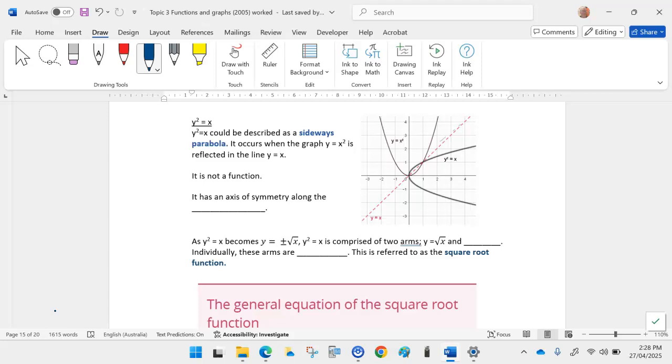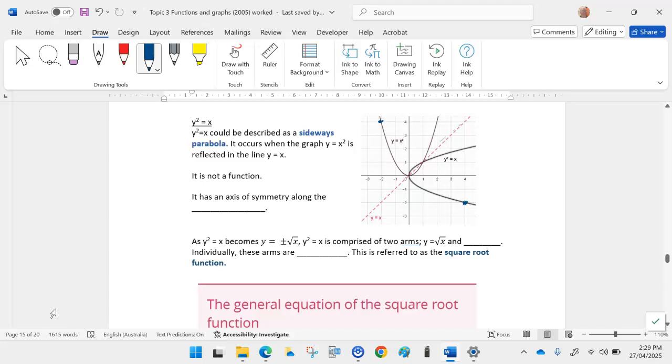At any point that's on the parabola y is equal to x squared, for example, negative 2, 4, when it's reflected in the line y is equal to x, x and y values swap over. So negative 2, 4 becomes 4, negative 2 in the graph of y squared is equal to x.